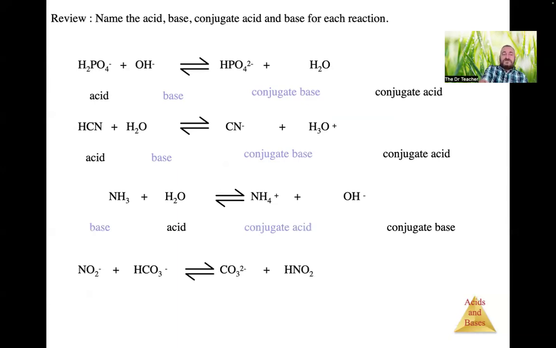What do we end up with? If you are confused with the left, you go to the right. NO2 minus already accepted one proton, so it was a base. And HCO3 is the acid, so this will be the conjugate base, and that then the acid, conjugate acid.